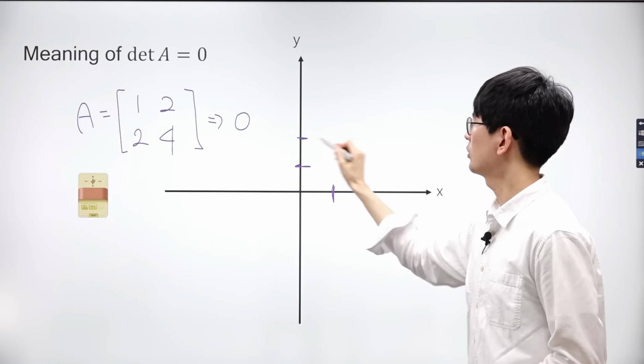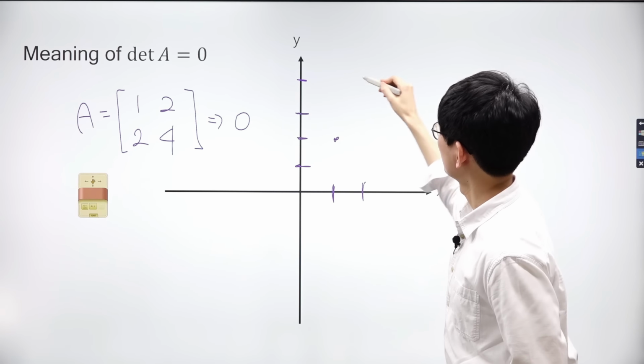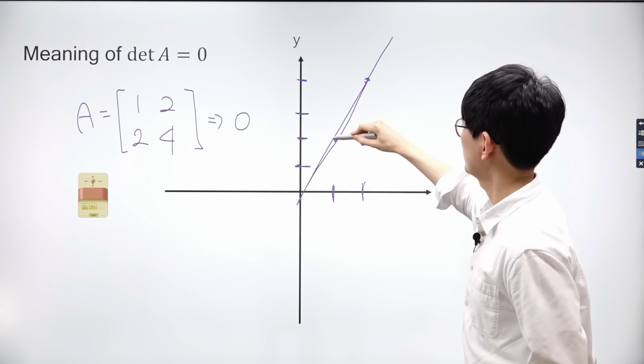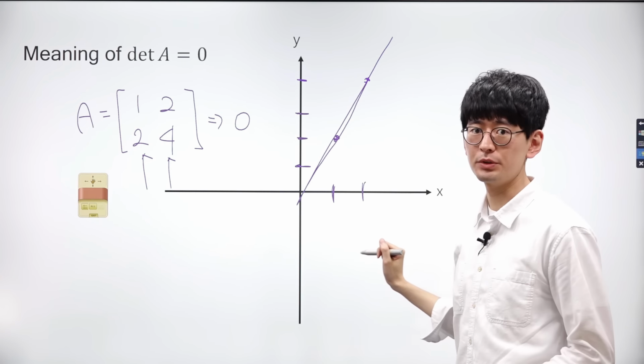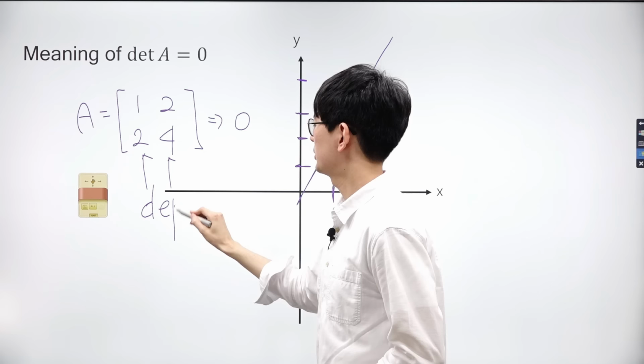Next, let's plot the vectors from matrix A on a two-dimensional plane. Notice that both vectors (1, 2) and (2, 4) lie on the same line. This means the vectors cannot span the entire space, indicating they're linearly dependent.